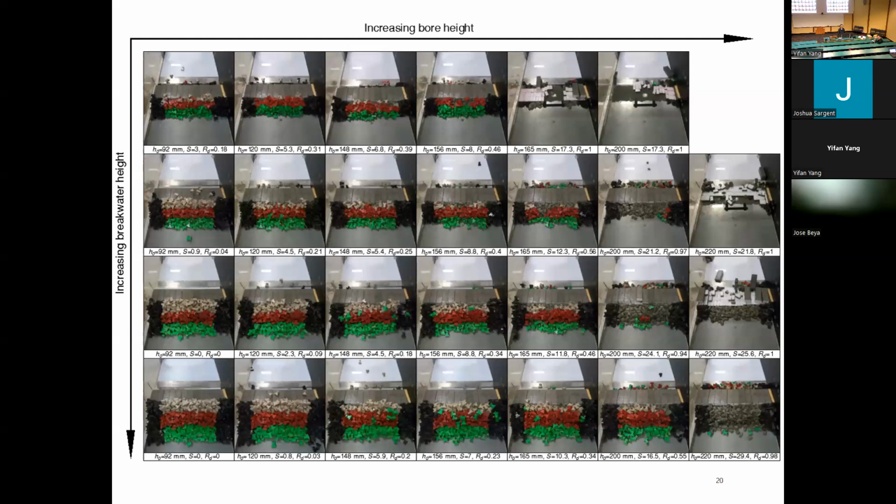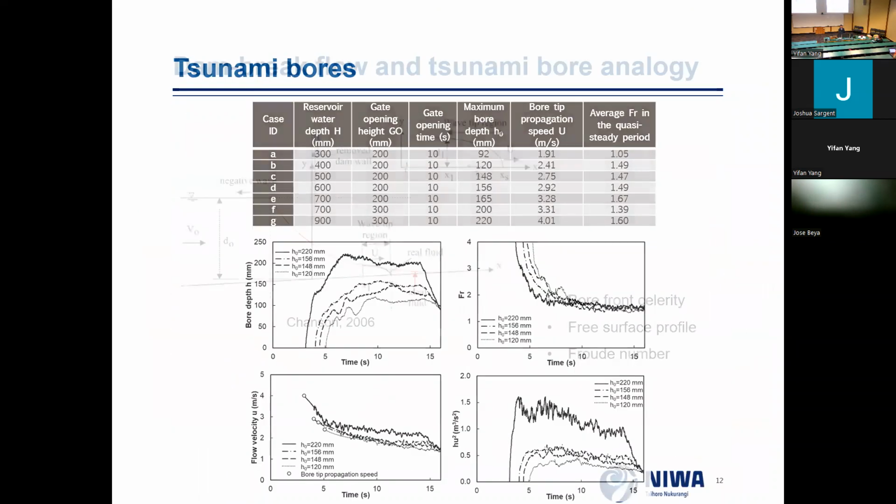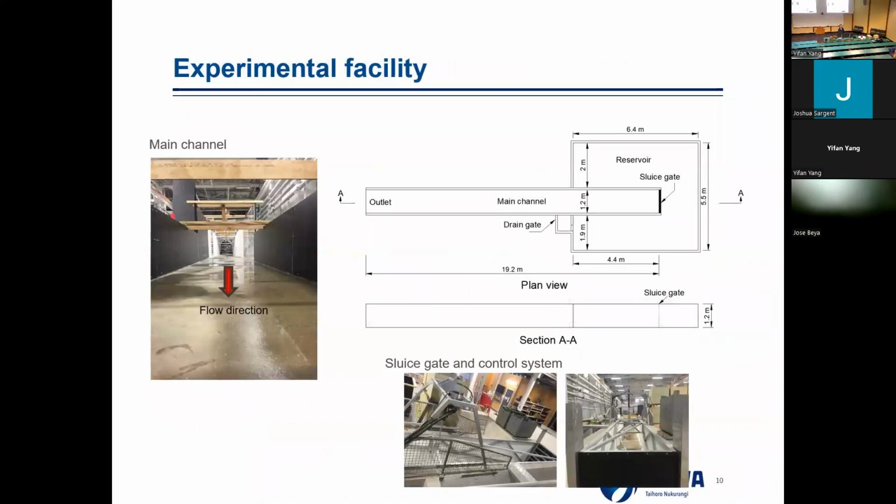Yeah, I have two questions. First, about the bore itself. The range of Froude numbers you investigated is from 1.05 to 1.6, so I would expect that you get undular bores sometimes, especially for the low Froude numbers. Did you observe undular bores? Breaking bores. Yes, that's all breaking bores.